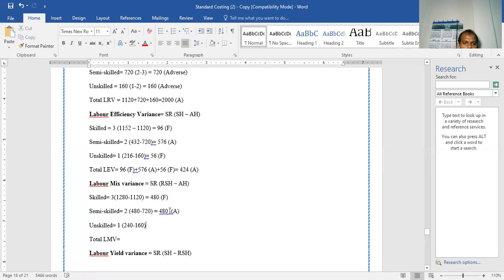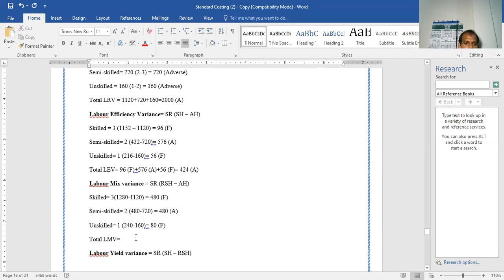So 480 favorable, 480 adverse. Now unskilled labor, 80 favorable because the plus value is high.